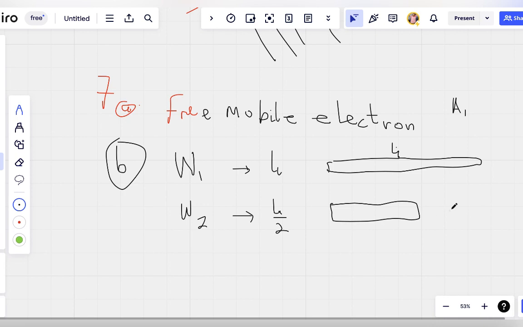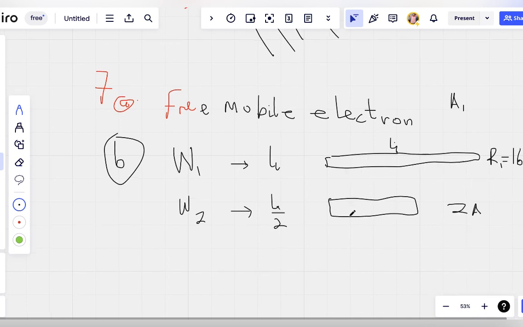The area is 2A and the length is L over 2. Now the resistance of wire 1, R1, is 60 ohms. Now find the resistance of wire 2.